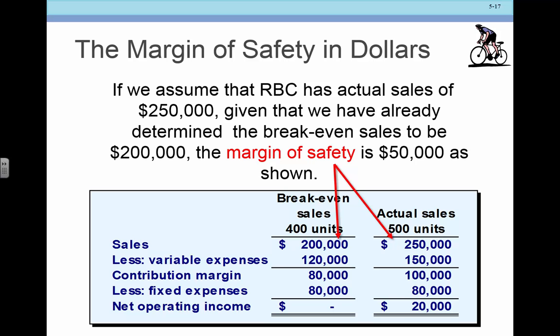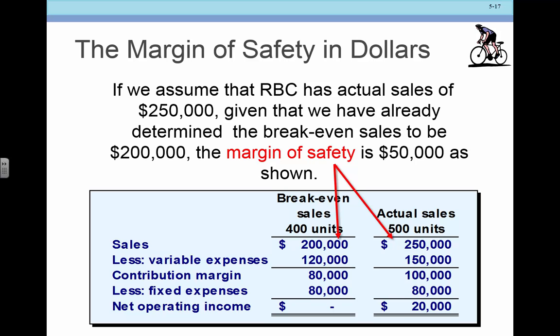How much does each bike give me as far as CM goes? $200. How many more bikes do I have to sell? 180. Do you see how you can do this all day long? Once you know your contribution margin, you can start to talk strategy without running full income statements over and over to do projections. You can just kind of intuit it.